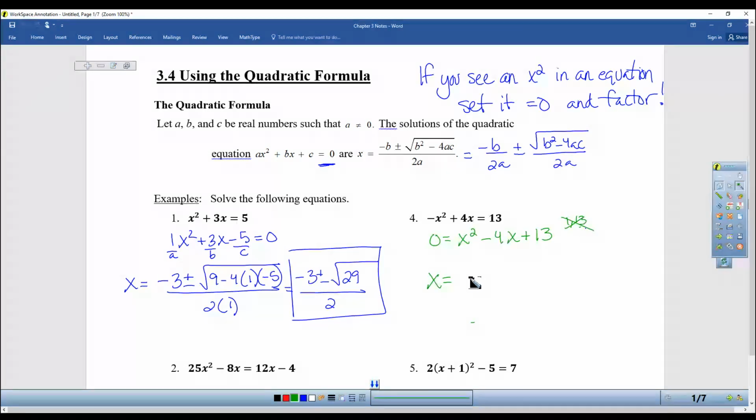So x is equal to the opposite of b plus or minus the square root of b squared minus 4ac all over 2a, which is equal to 4 plus or minus the square root, and get my calculator out here, 16 minus 4 times 13, negative 36, all over 2.